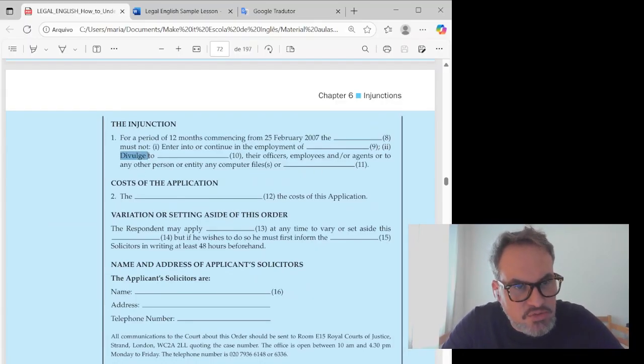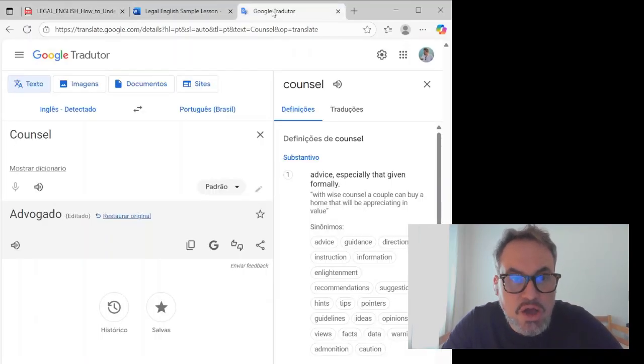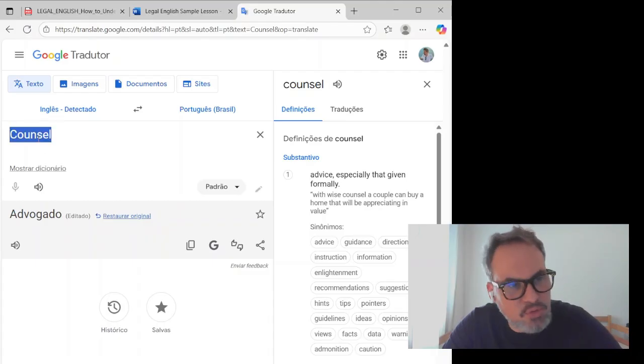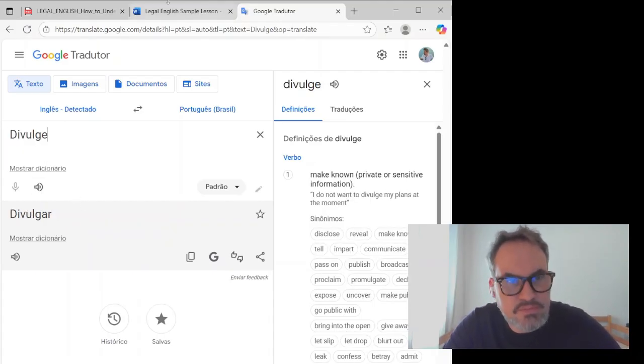Two. Divulge. Let's see this word here. This is new for me. Oh, divulge is show, divulgar. It's like in Portuguese. Exactly.